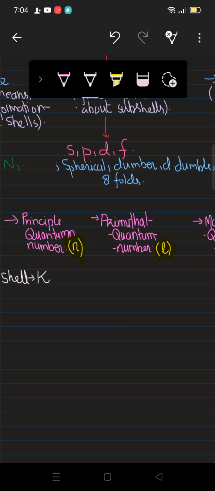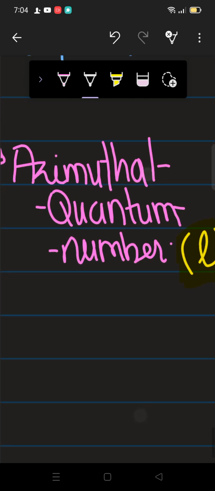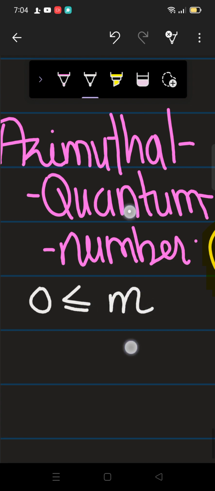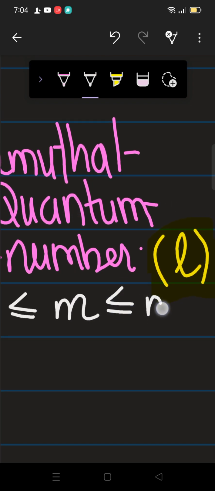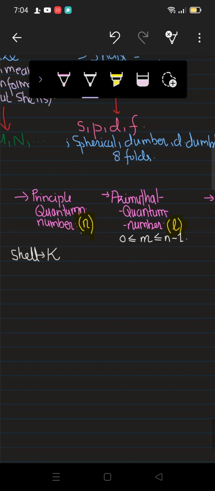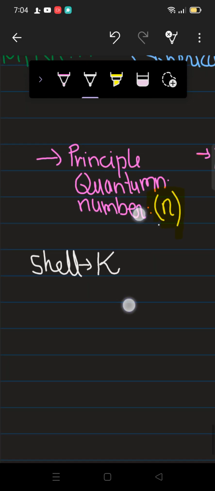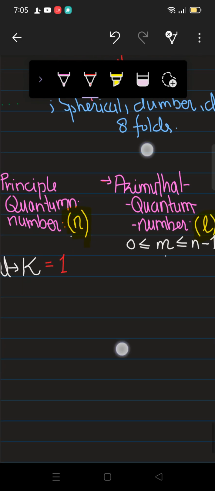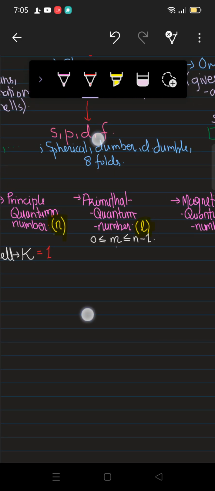Now what would the azimuthal quantum number be? Its value starts with 0, and L is less than or equal to n minus 1, which means L would be only 1 less than n. Here n is 1, because K represents 1. So what would be the value of the azimuthal quantum number here?